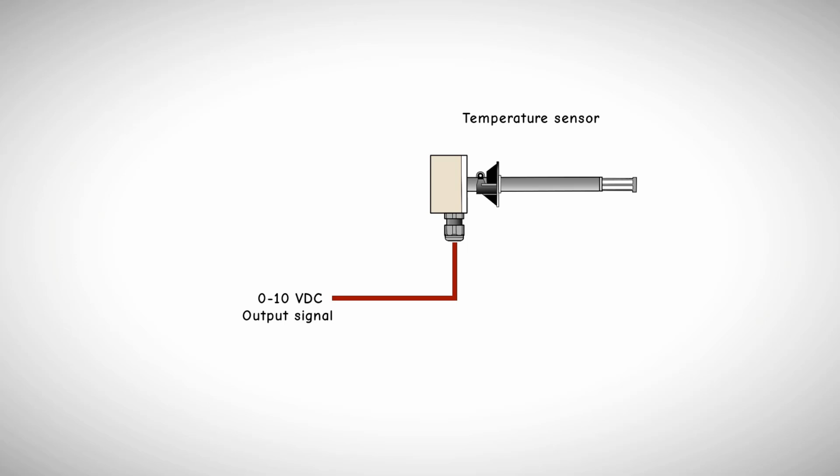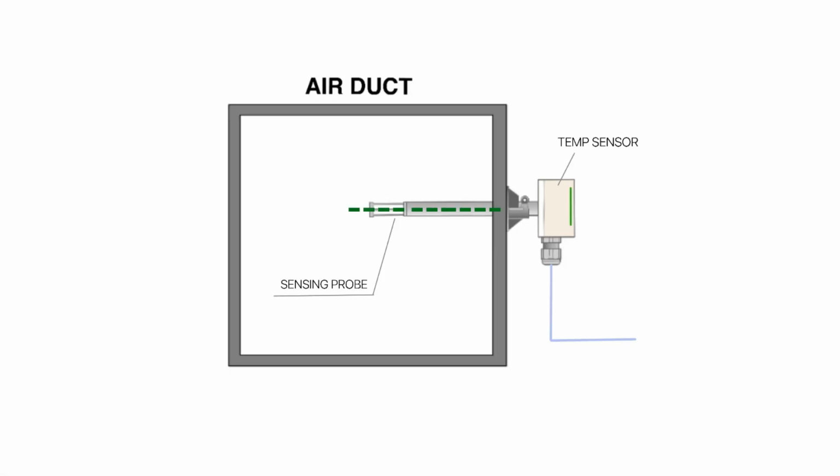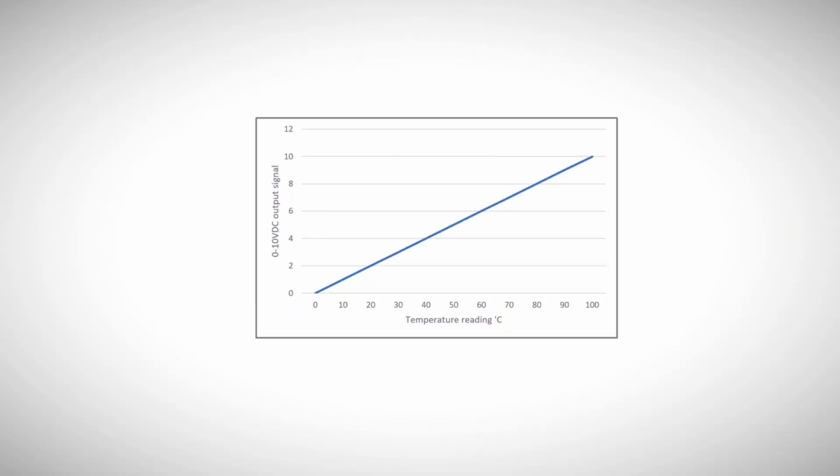How do temperature values correspond to a 0 to 10 volts DC sensor output? As previously discussed, when the sensor detects a change, its internal circuitry converts this measurement into an electrical signal. So in temperature sensors with 0 to 10 volts DC output, the voltage signal is linearly proportional to the measured temperature.